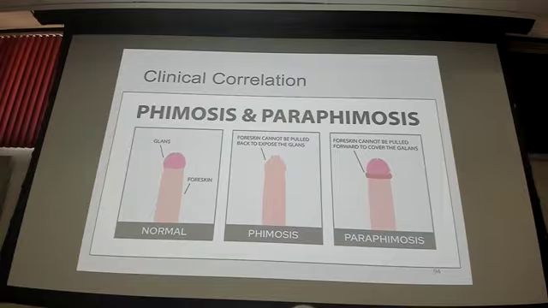That inflammation can cause an inability to return the foreskin to its normal position, and that could lead to potential loss of tissue, because there is a real possibility of ischemia, and ischemia leads to necrosis, right?